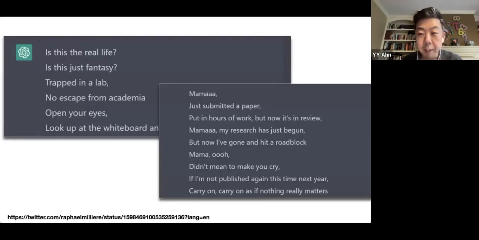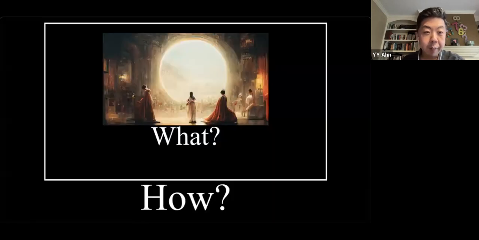You've seen ChatGPT, you're probably using ChatGPT now, and it's really good at producing amazing text. For instance, this was a prompt to create a parody of Bohemian Rhapsody for academia. Some part of it is too sad to show. But it's amazing, basically.